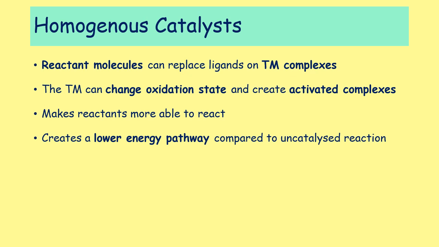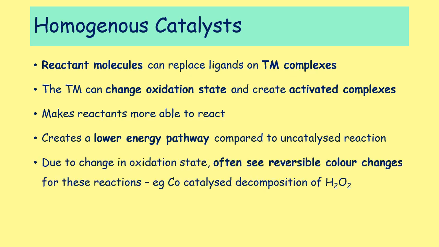And again, creates a lower energy pathway. Now, we can see evidence for this happening, either the reactant molecule becoming part of the complex or the change in oxidation state, because often if we do homogeneous catalysis, we see reversible color changes.